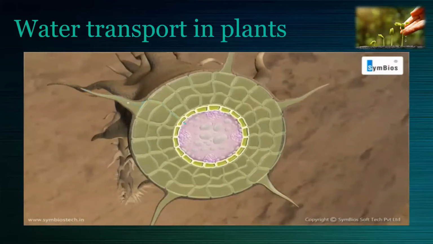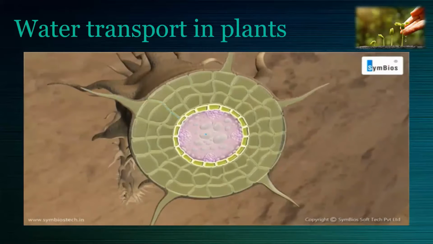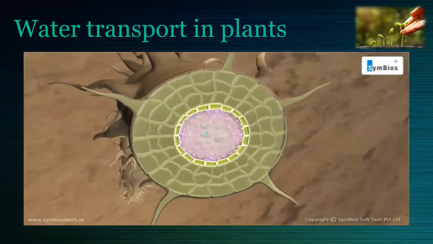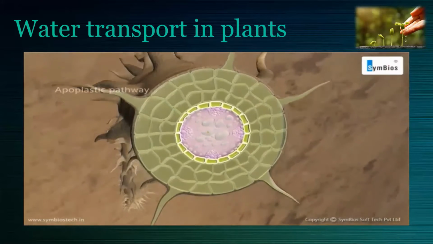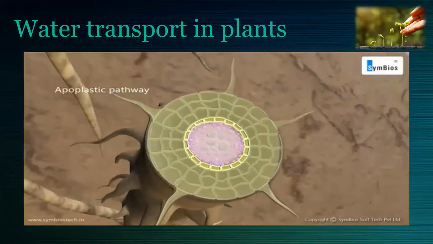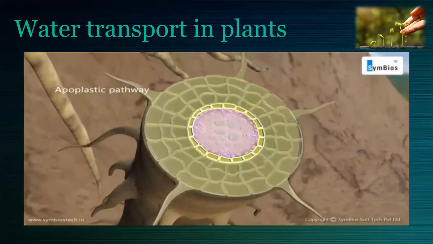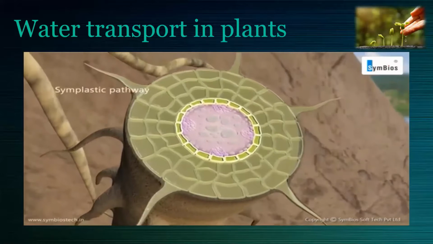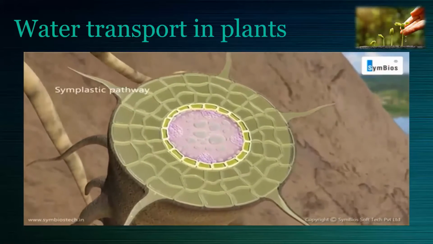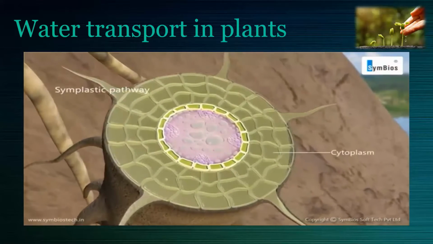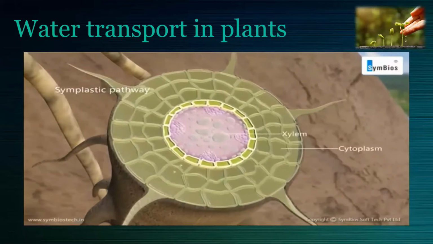If water and minerals move from cell to cell through spaces between the cell walls, then it is known as apoplastic pathway. In symplastic pathway, the water and minerals move across the cytoplasm and finally reach the xylem.